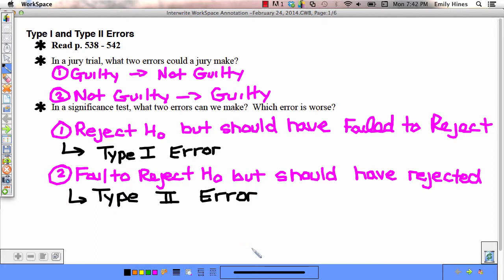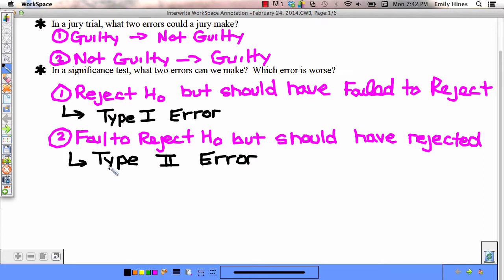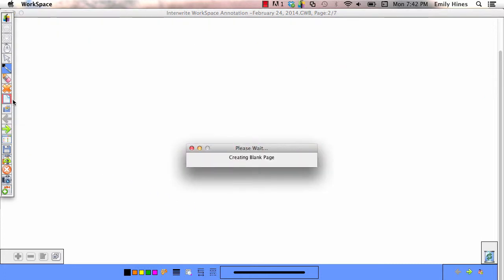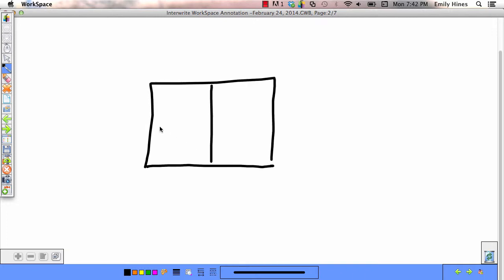Okay, so there are 4 different combinations of ways in which a solution to a significance test can happen. And you can think about it almost like making a Punnett square. Okay, if this is the truth, these are my options for the truth, and these are the conclusions that we made based on the test and the sample.